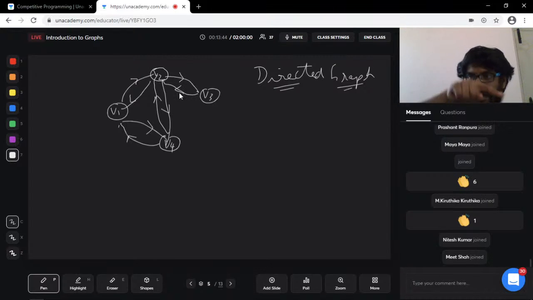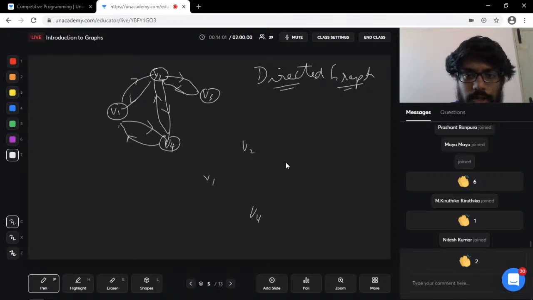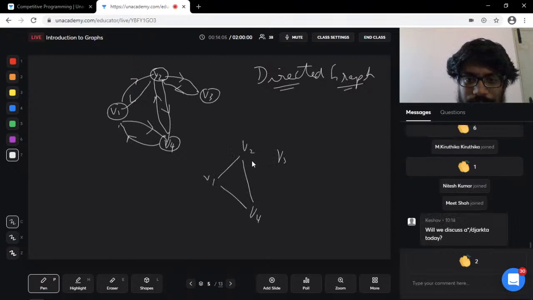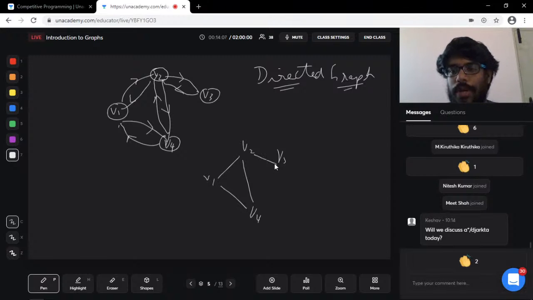Whenever there is one, there is its dual. But this is a bit weird. Yes, there is a flight here and a flight here, but isn't a much better representation just having V4, V1, V2, V3 and putting a single edge between them?